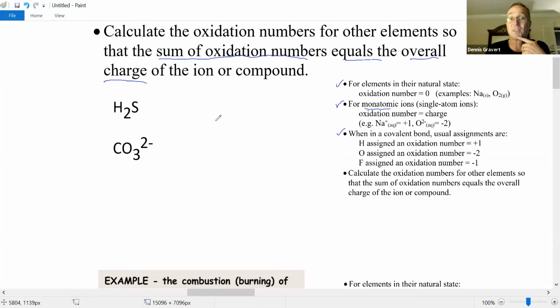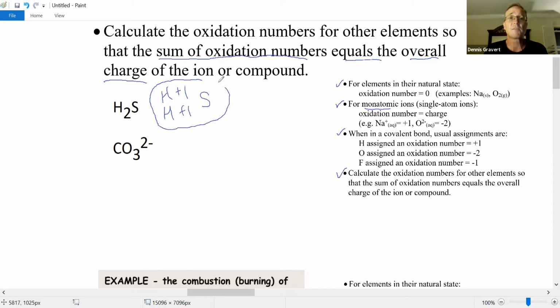Okay, so we do have a covalent bond, and therefore there's two H's here. Each one gets assigned a +1. It's not really a cation, but it's an oxidation number of +1 for each hydrogen. And then rule 4, the fourth rule here, is going to help us figure out what to assign sulfur. What's its oxidation number?